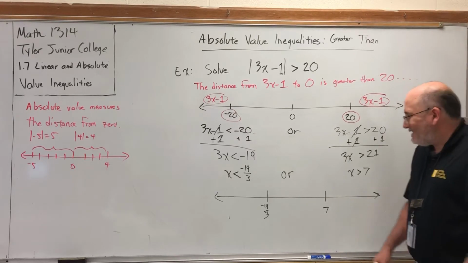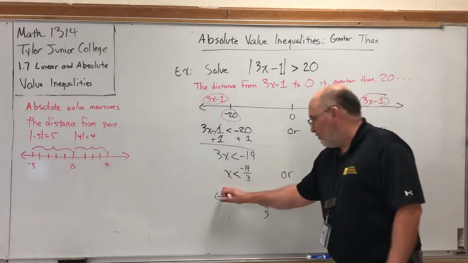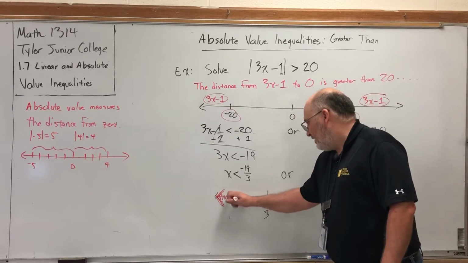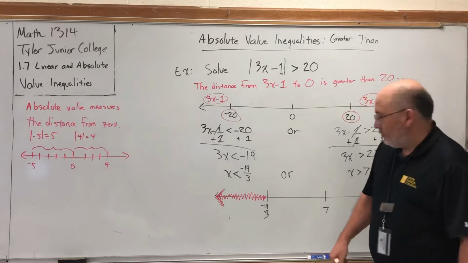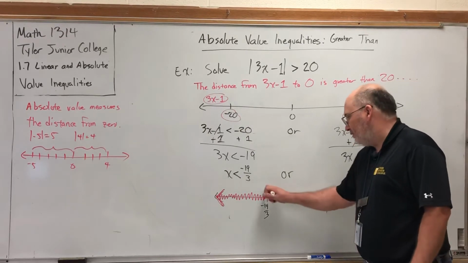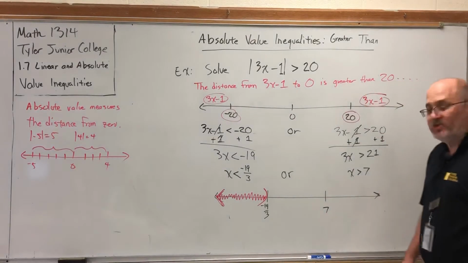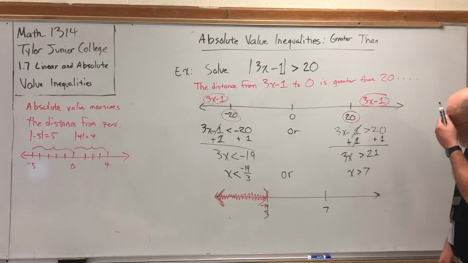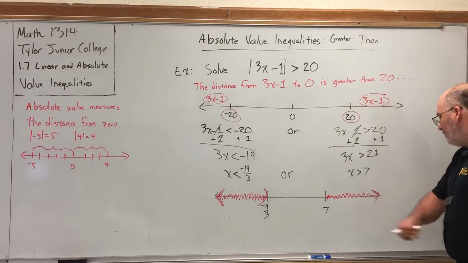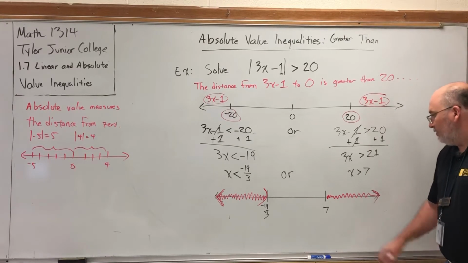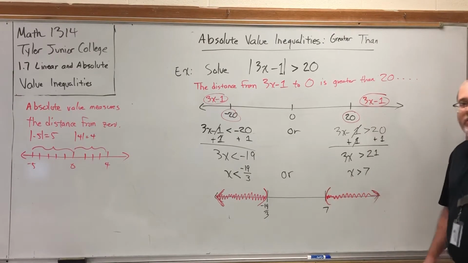The numbers less than negative 19 thirds are to the left of it, and because it says less than, but it doesn't say or equal to, we don't want the negative 19 thirds, which means we put a parentheses on it. And for x is greater than 7, those are the numbers to the right of 7. And again, we don't include the 7, so parentheses opening towards the right.